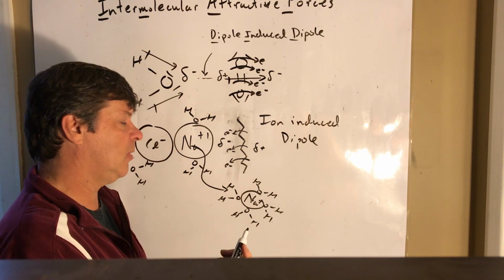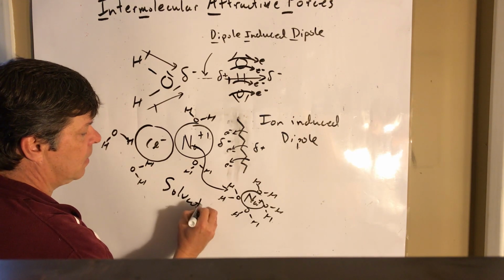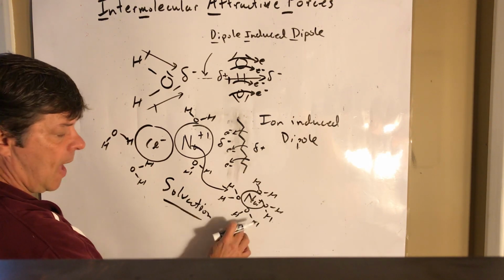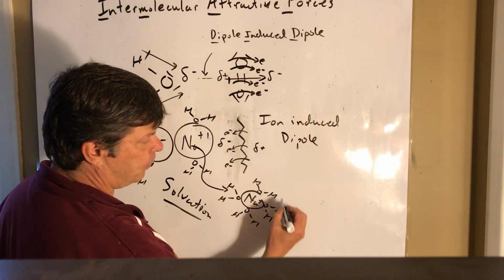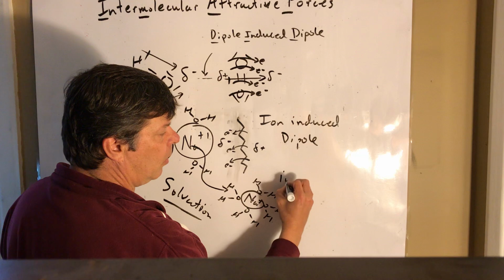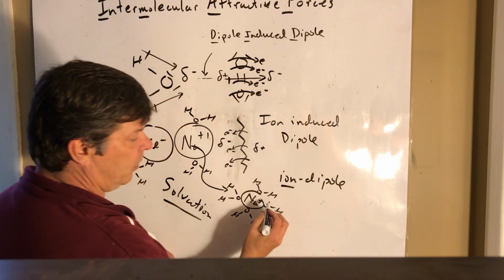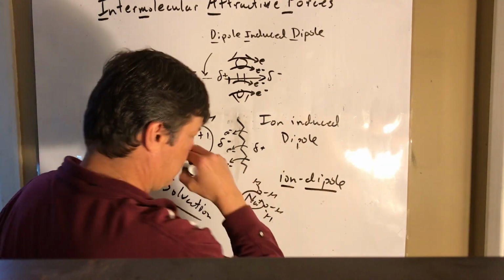That's kind of interesting. This process is called solvation. And what you have here is another intermolecular force. It's simply called ion-dipole. So you have an ion, and of course, water has a dipole.